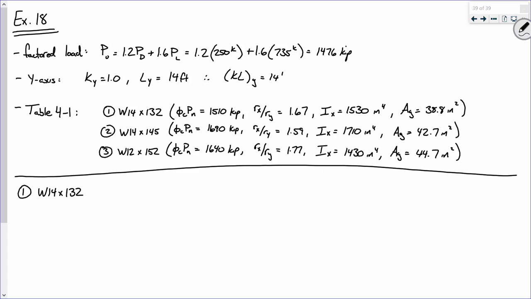Now, W14 by 132. Okay. So let's start off with GA, okay? So it's the sum of the I over L for the columns divided by the sum of the I over L for the girders. So I guess for this whole problem, what's one I value that we forgot to look up?